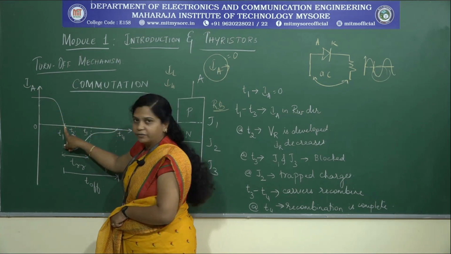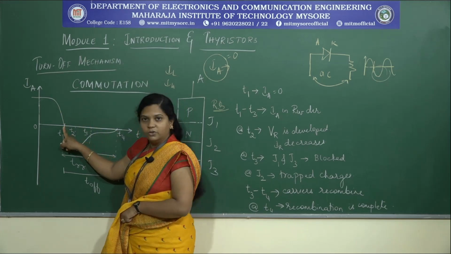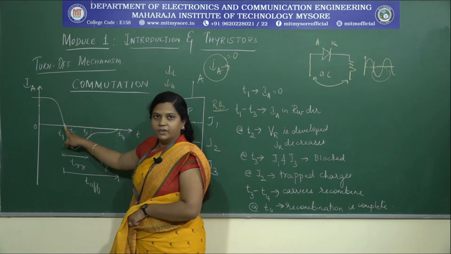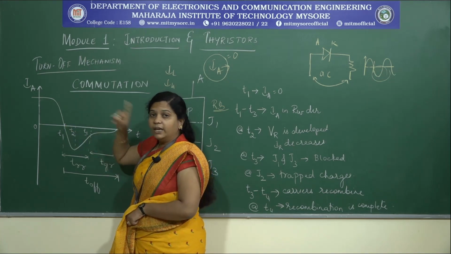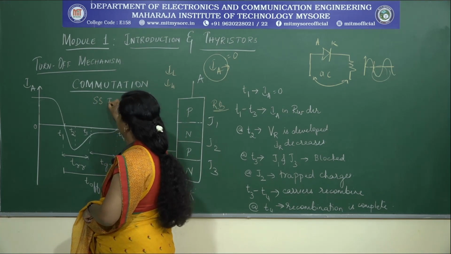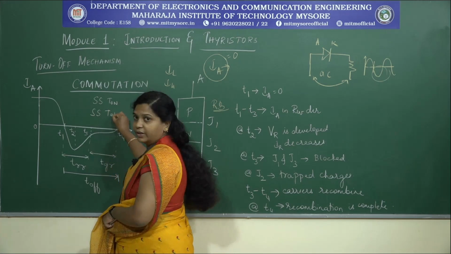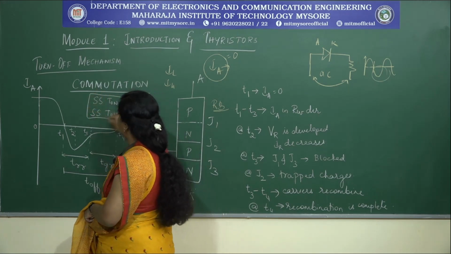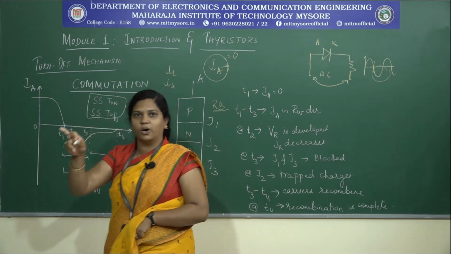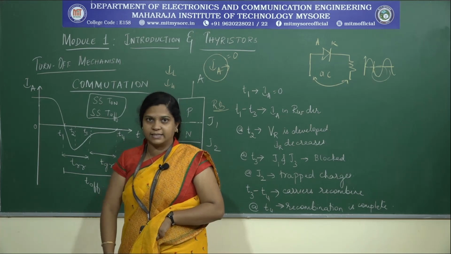At this instant of time t1, we are going to reduce the anode current to 0, meaning it is going to go to its off state. What has to be done? We require a steady state turn on and steady state turn off. This is our aim. Steady state means you on the switch, it has to go to on state. You off the switch, it has to be off instantaneously.